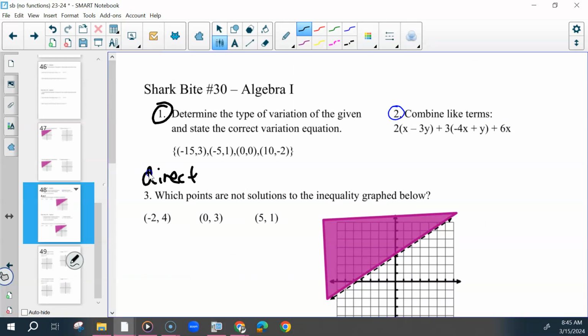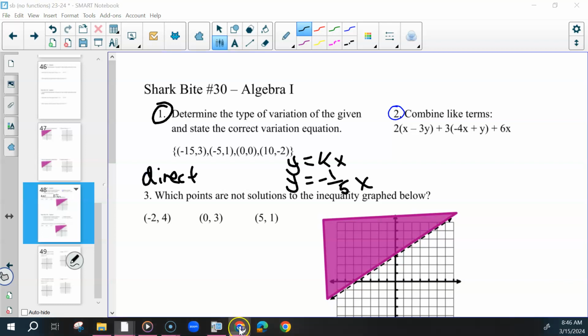And then it asks to determine the type and then state the correct variation equation, which is y equals kx. Your constant would be y equals negative 1/5 x. And if you were to type that in, they should overlap all of your points.